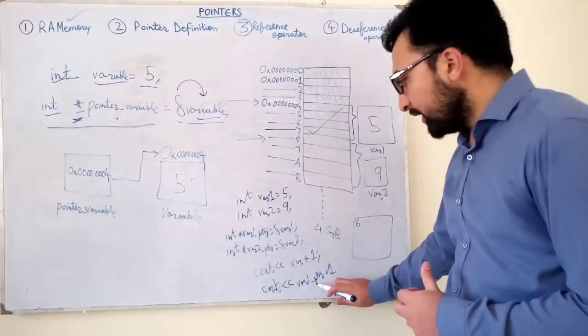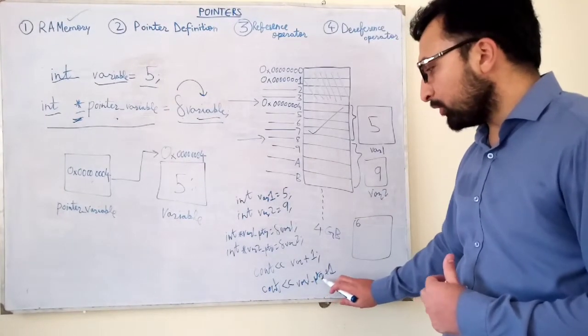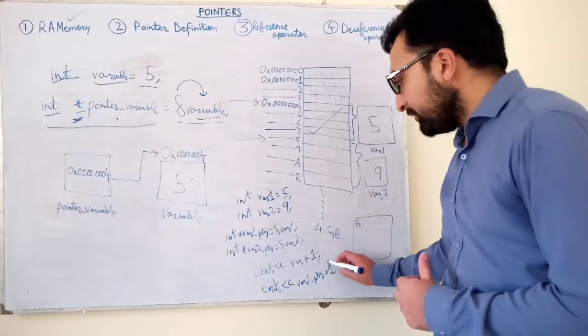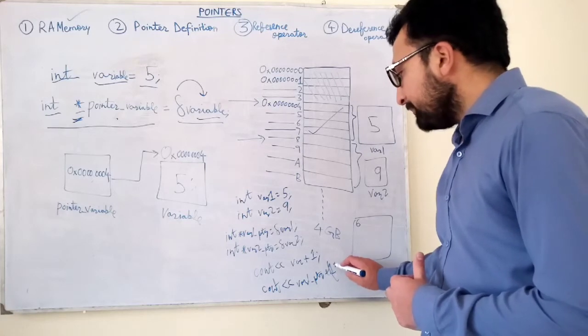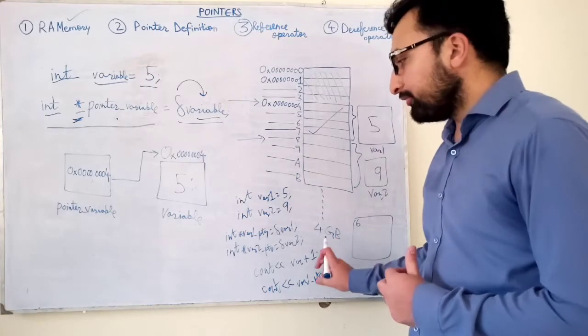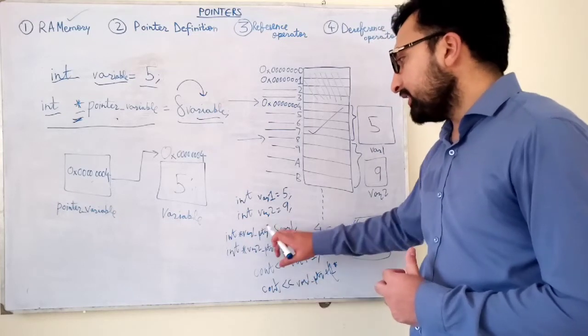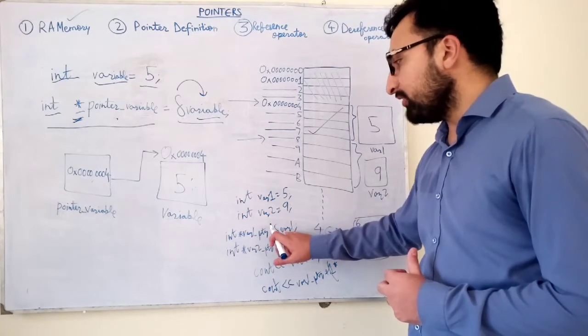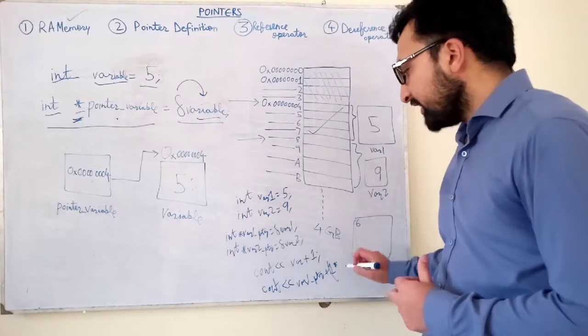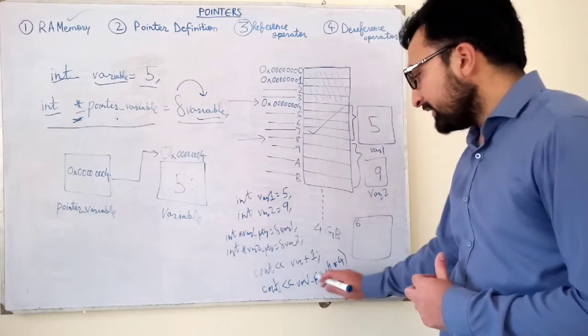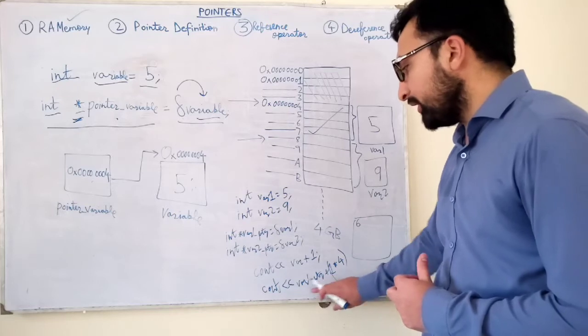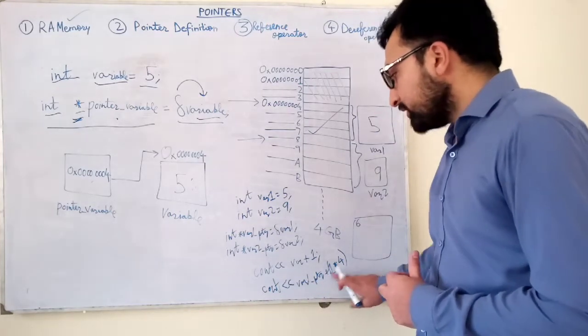When we write var1_pointer plus 1, it technically means 1 multiplied by the size of the variable to which it is a pointer. It was a pointer to an integer variable var1, and integers have a size of 4 bytes. So this basically means the address plus 4.